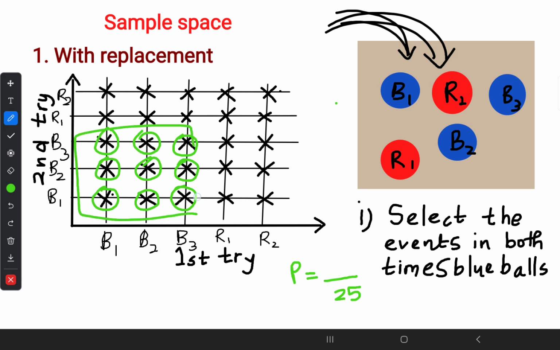We need only 9 events to satisfy it. So the probability to obtain blue balls in both occurrences would be 9 over 25. This is what you should find. Each time, you should check whether all the events satisfy our condition or not. Only thereafter can we come to a conclusion.